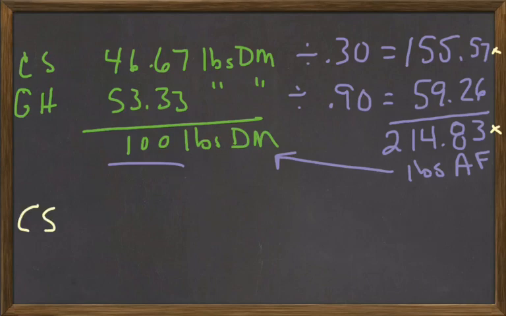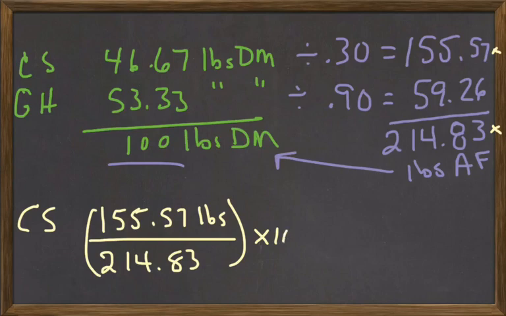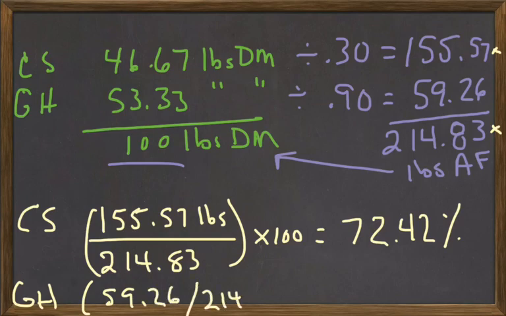So for corn silage, we know we need 155.57 pounds of corn silage, and the total diet is 214.83. What is that times 100? That gives us 72.42%. If we do the same thing for the grass hay, 59.26 divided by 214.83 times 100, we come up with 27.57%.